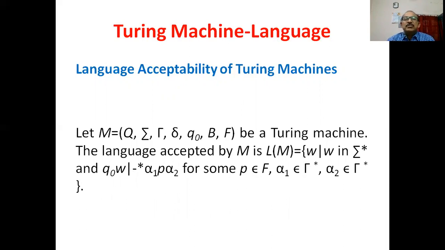Means the language accepted by the Turing machine is the set of all words W, where W is a member of sigma star, and the machine starts from the initial state and goes to the final configuration, and in the final configuration the state must be a member of the set of final states.